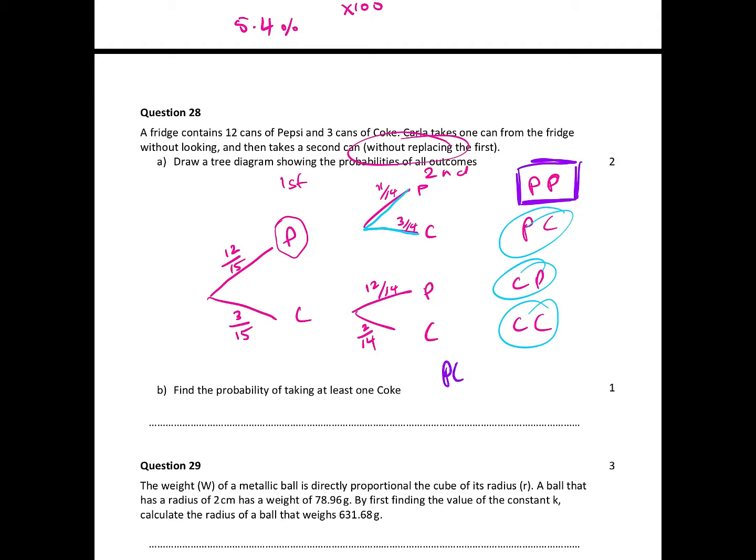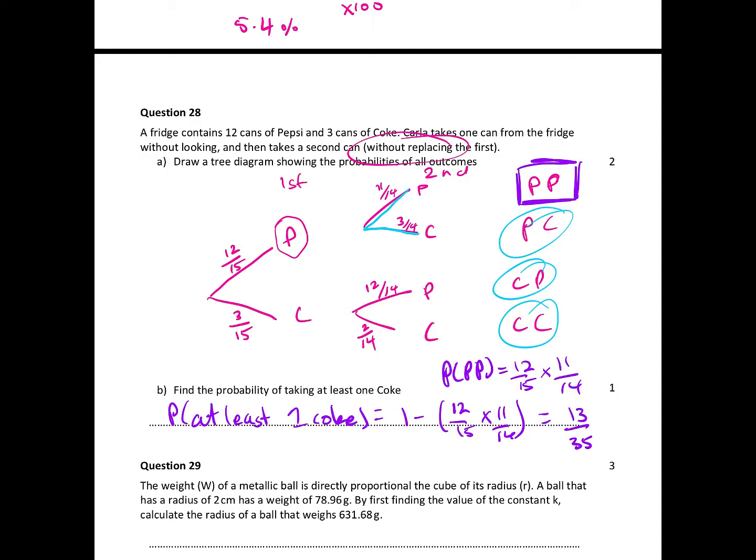The probability of Pepsi is 12 over 15 times 11 over 14. So the probability of at least 1 Coke will be 1 minus 12 out of 15 times 11 out of 14. Plug that into your calculator and you get 13 over 35.